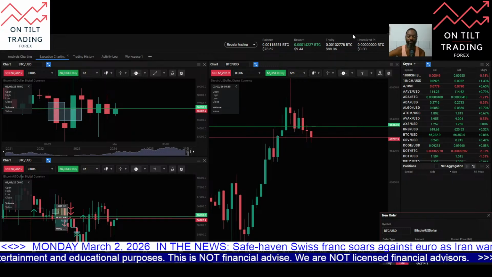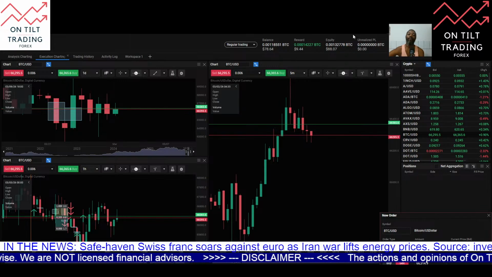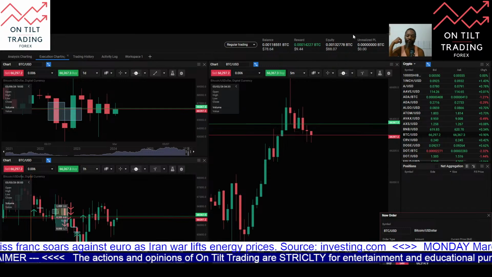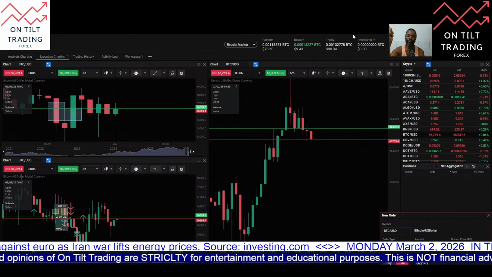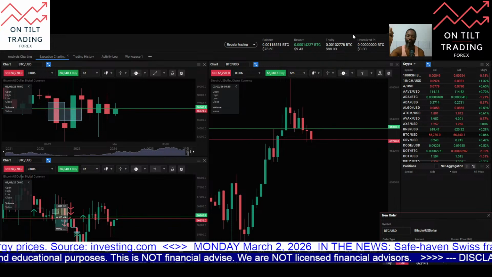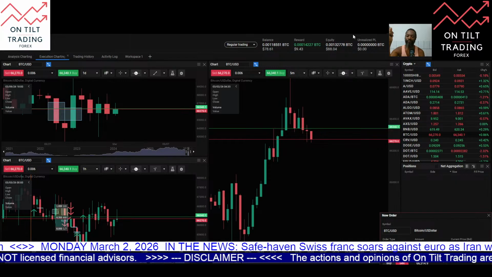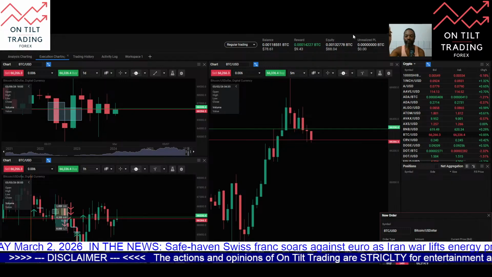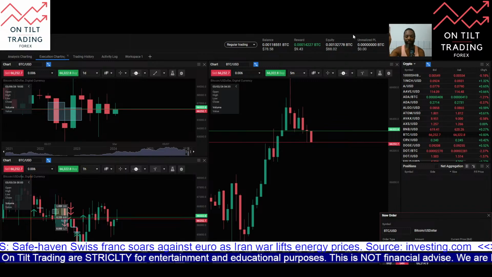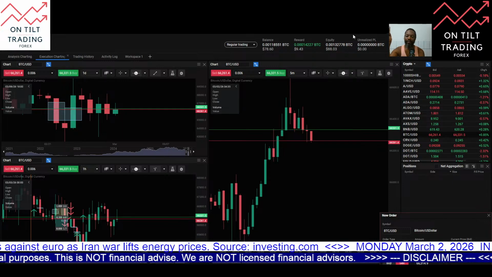New 5-minute low. Halfway through this 5-minute candle, price trading at the 66,260 level.